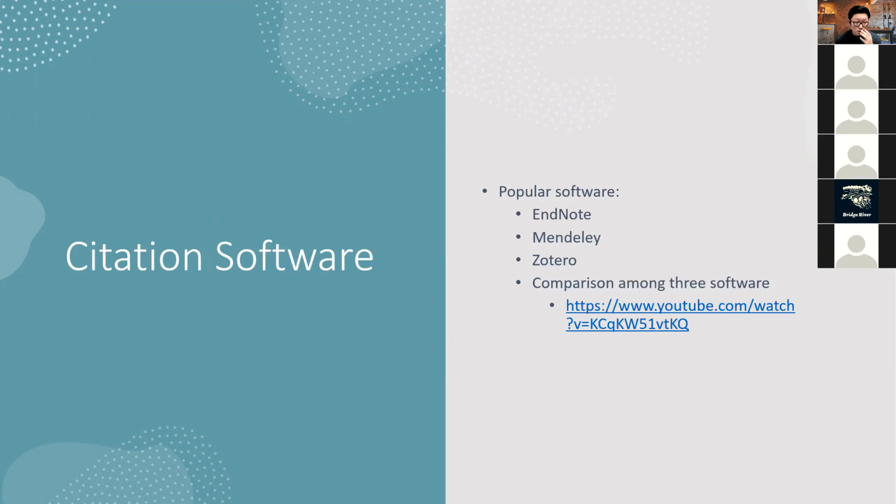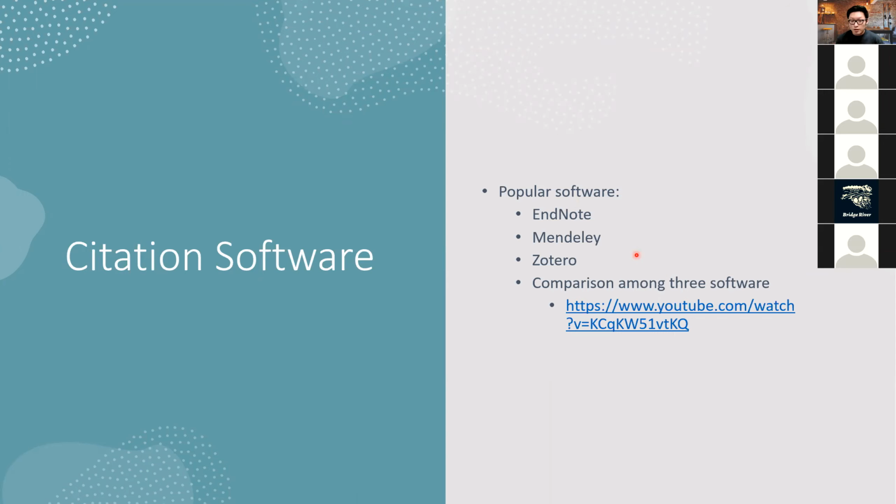Like I said, what I found is Zotero, this one. But at the same time, there are other functionally quite equivalent software. EndNote is very popular, but you know that it's not free and it's expensive. That's the problem. Mendeley, I don't know how to spell that, but Mendeley is very similar to it.